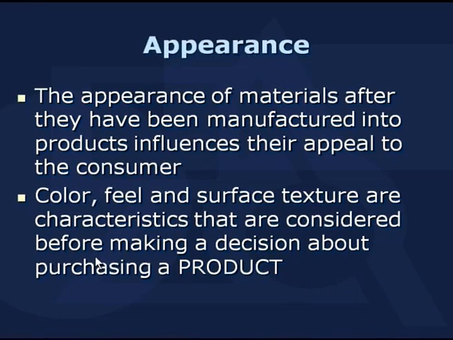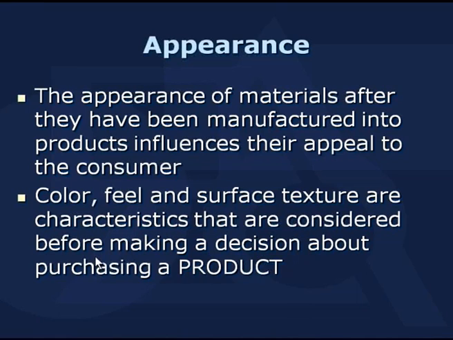So, when we have to ascertain quality, we have to appropriately choose the materials. The materials which will give good appearance would have better appeal in the market and would result in higher revenues. So, the appearance of the materials after they have been manufactured into a product influences their appeal to the customer.